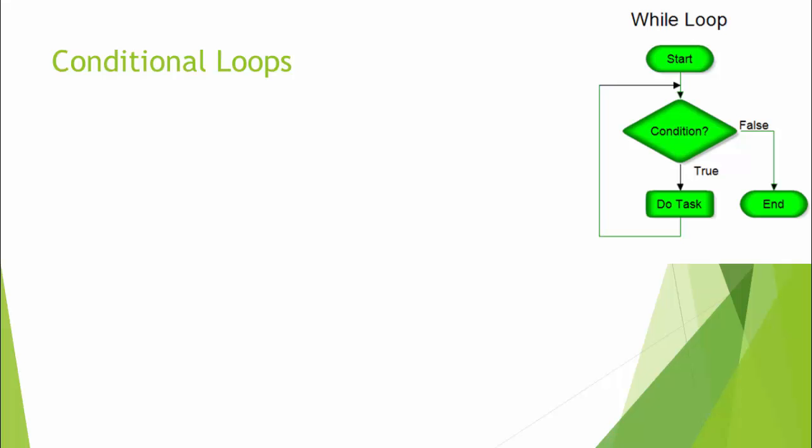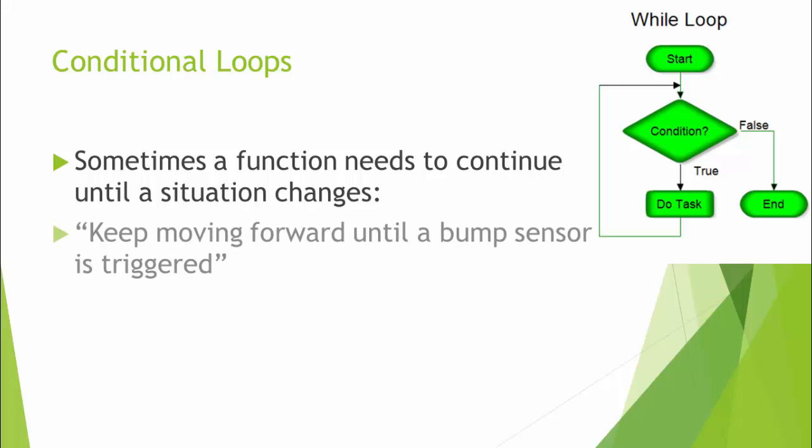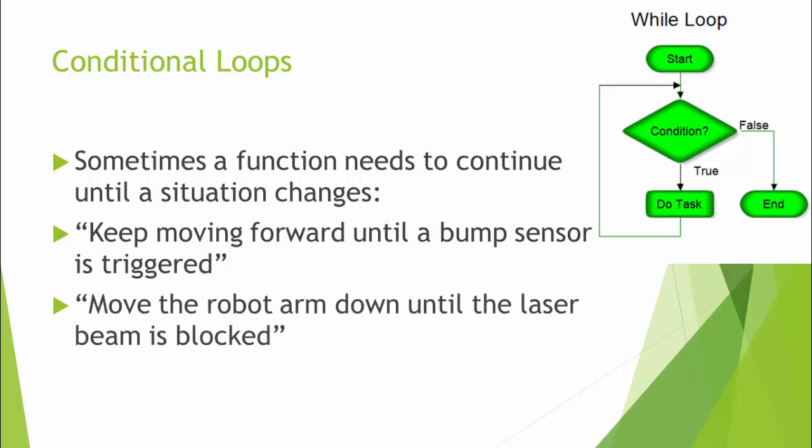So for this, we use conditional loops. Examples of conditional loops would be keep moving forward until a bump sensor is triggered, move the robot arm down until the laser beam is blocked. Lots and lots of other examples, including, by the way, monitor the serial monitor until there is an input.